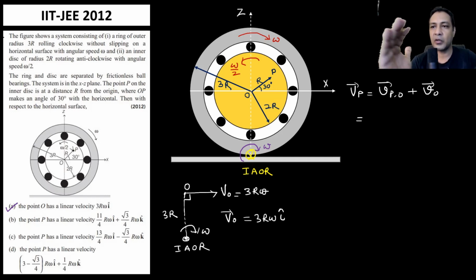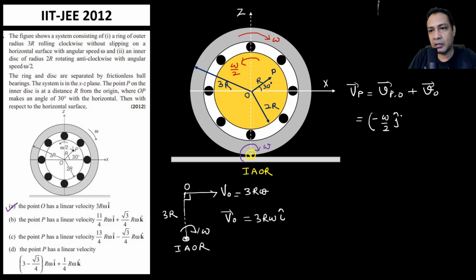The direction of omega by 2 is towards me, so this vector is minus omega by 2 j cap. Velocity is omega cross r, so I write first the omega vector as minus omega by 2 j cap, and then the position vector of P with respect to O.